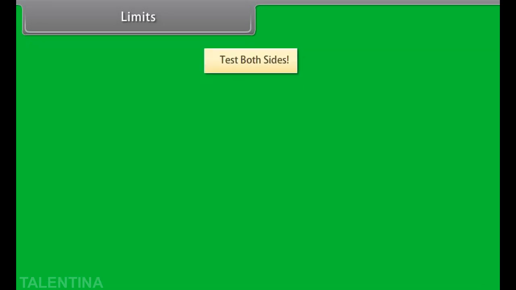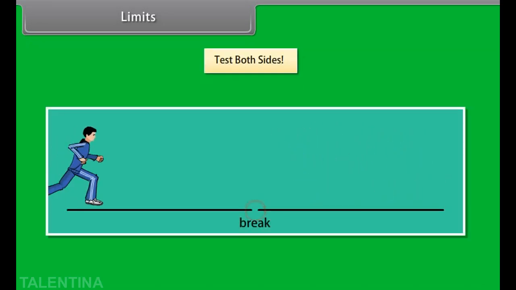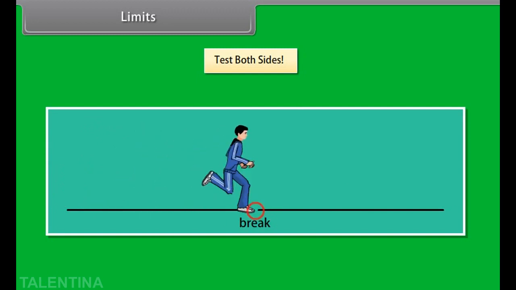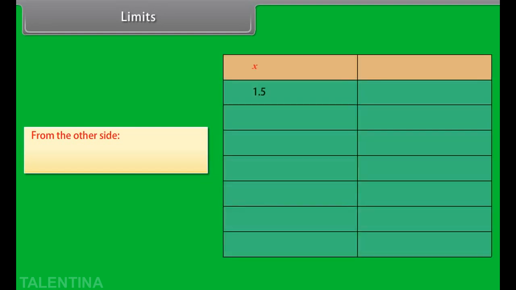Limits. Test both sides. It is like running on a path and suddenly you find a break in the path. Let's try from the other side. For x = 1.5, the value of the function is 2.50000. For x = 1.1, it is 2.10000. For x = 1.01, it is 2.01000.